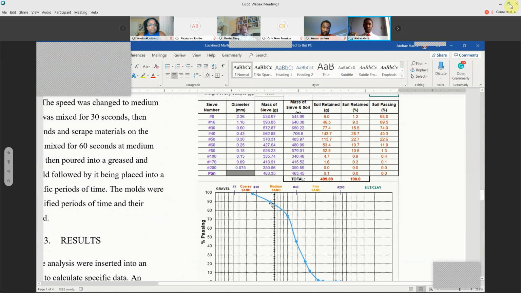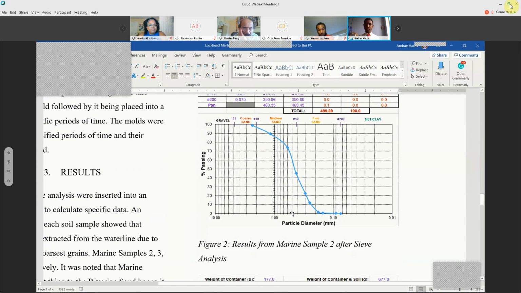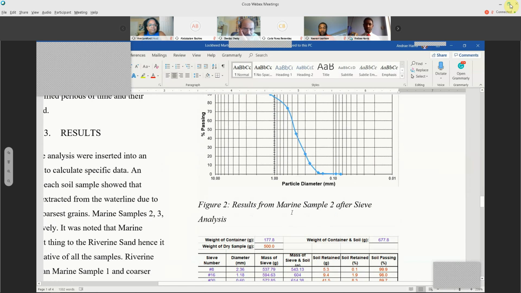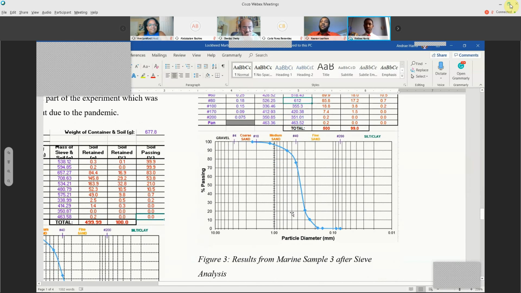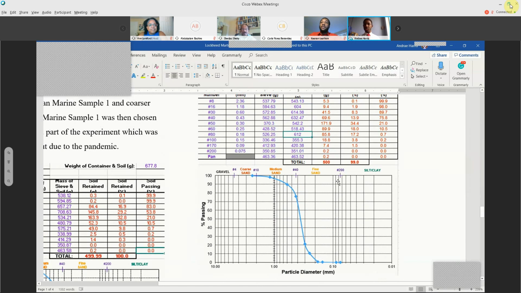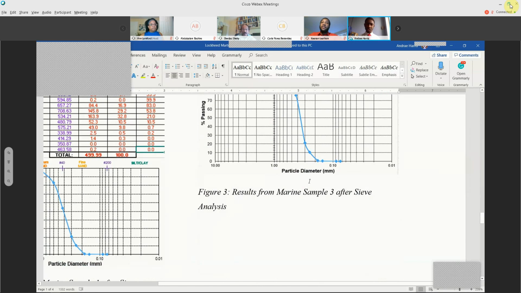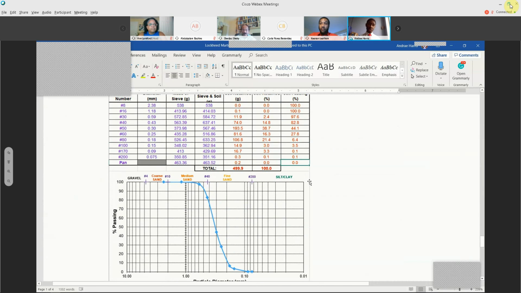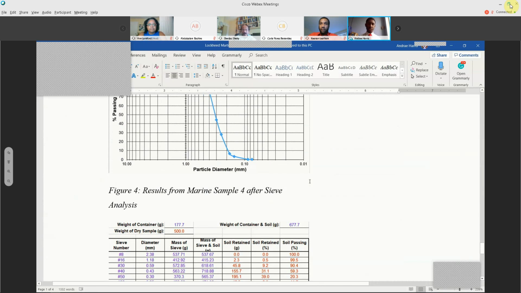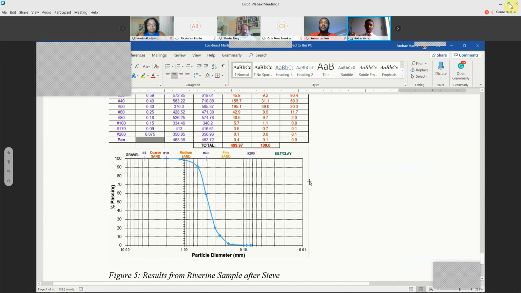Here, between these 2 points, you can see that there was less passing through between sieve number 10 and 16. Now this is for sample number 3. This is just to give you guys an idea of exactly what we were working with for results in this research.